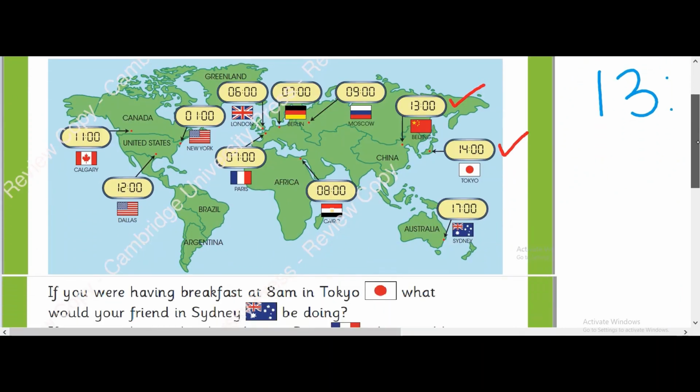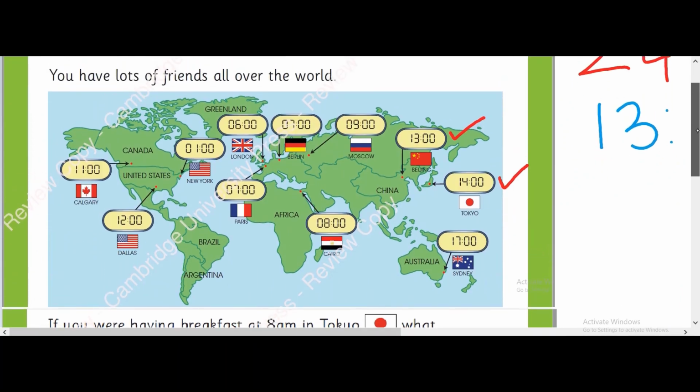Now look at this map. Here you will observe that Pakistan is not mentioned on this map. Pakistan will be near to China, and we can write Pakistan right here just for our reference. The timings of different countries are written.